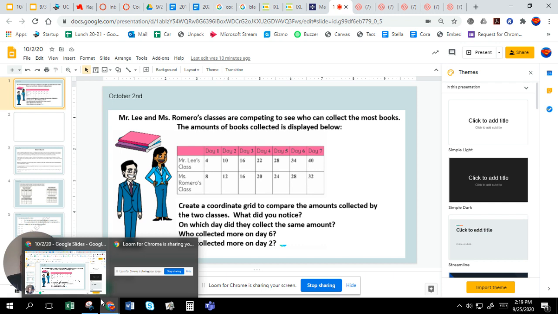And this one, it gave it to us right across the top, the days of the week. We compare each of them to what day they did. A lot of them are similar to that as you move forward. So really be careful and pay attention to it. The biggest thing to pay attention to is if one of these does not affect the other one, then you shouldn't be combining them into a graph. The days of the week is what's affecting their numbers. So that's what we should have been comparing both of them to.